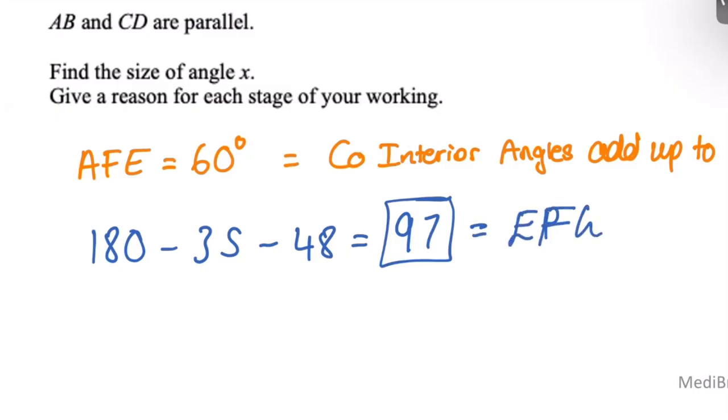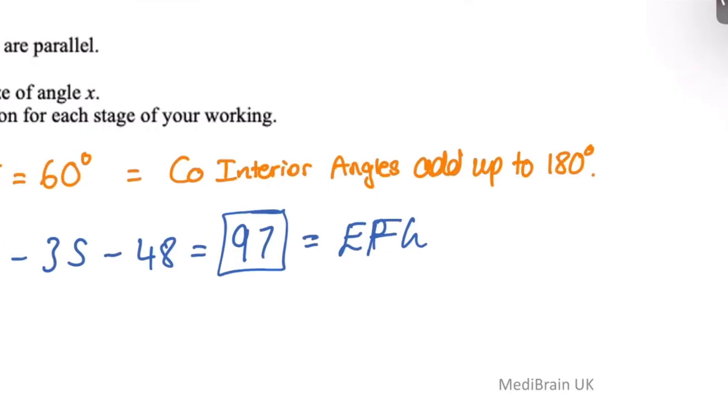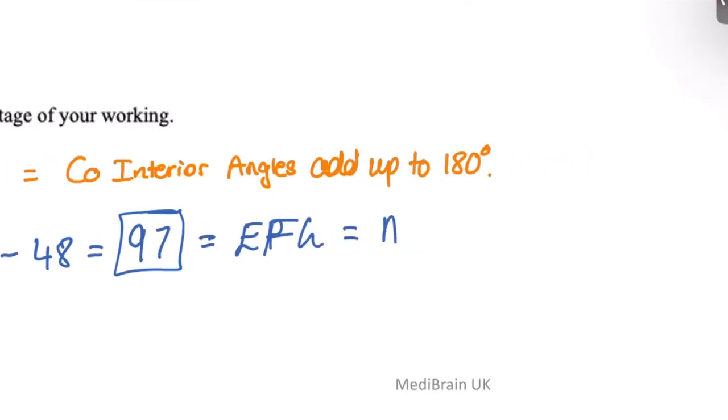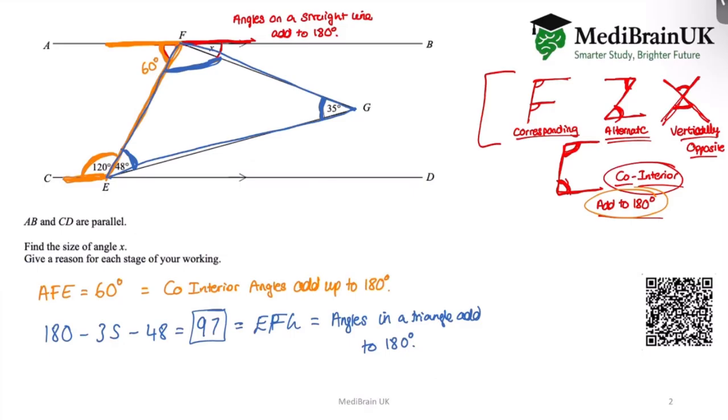The reason why we know that it's that angle is because we use the rule that angles in a triangle add up to 180 degrees. So we're explaining each stage of our working.